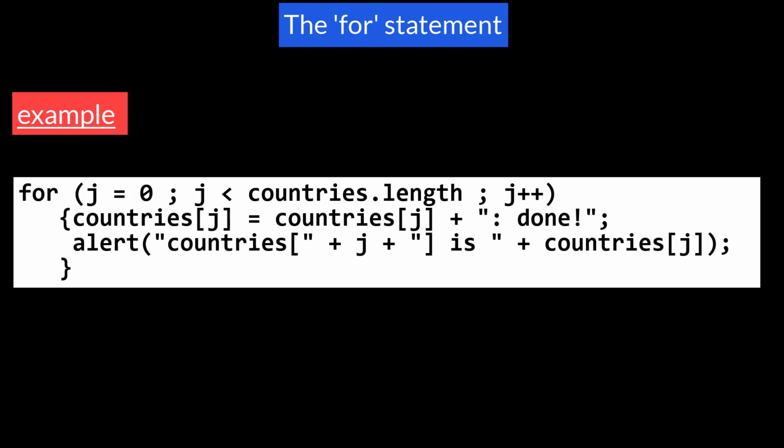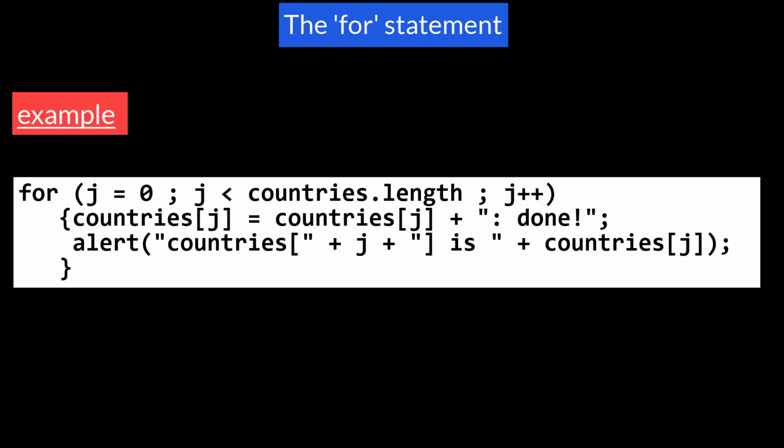As far as the processing statements, we first append the string colon space done exclamation point to the current element, then we display the value using the alert statement. We should analyze the alert statement a bit. Alert displays a character string. Here we code the literal countries left bracket.